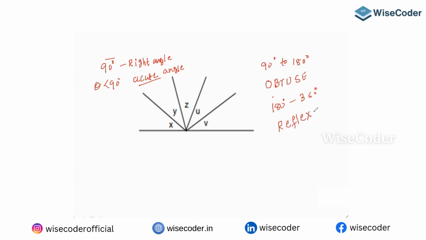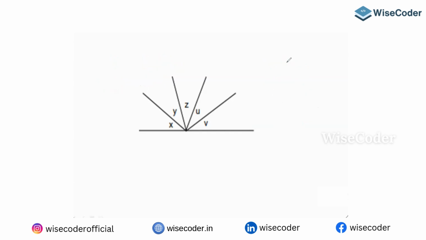Let's focus on this particular picture, and the sum of all the angles made on one side of a straight line. Let's take AB as a straight line. On one side of AB, there are so many angles.